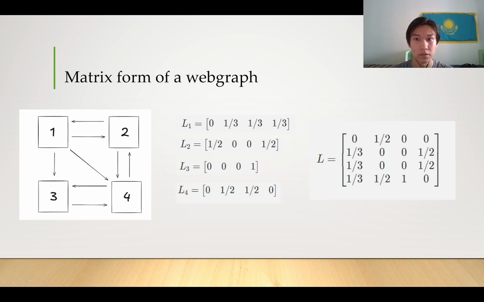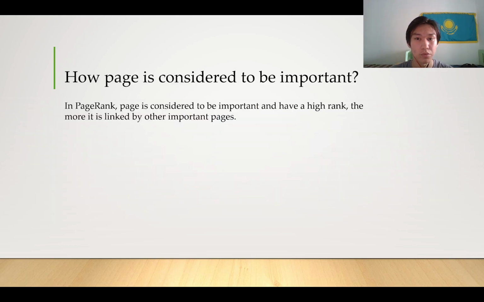And there is one important rule in PageRank. It determines how a page is considered to be important. So in PageRank, a page is considered to be important and have a high rank the more it is linked by other important pages.